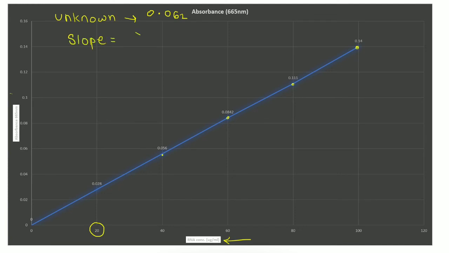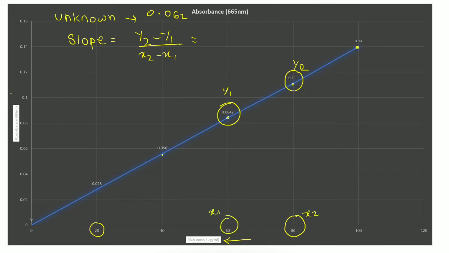For calculation of slope, the formula is y2 minus y1 divided by x2 minus x1. For example, I am taking y2 as 0.111 and y1 as 0.0842. Then x2 will be 80, x1 will be 60. I have already prepared a video on how to calculate the slope, so you can refer to that video also.